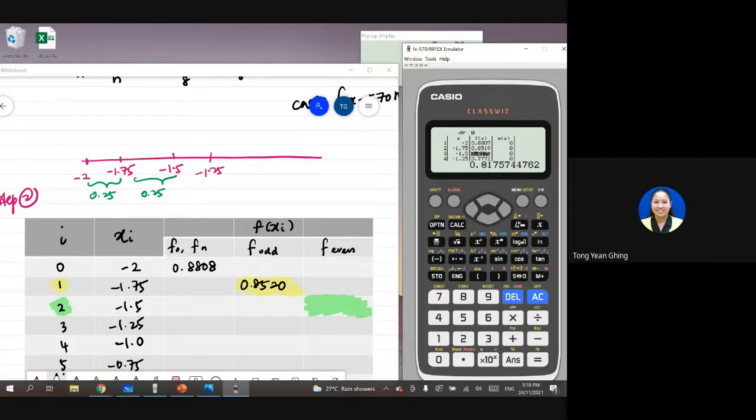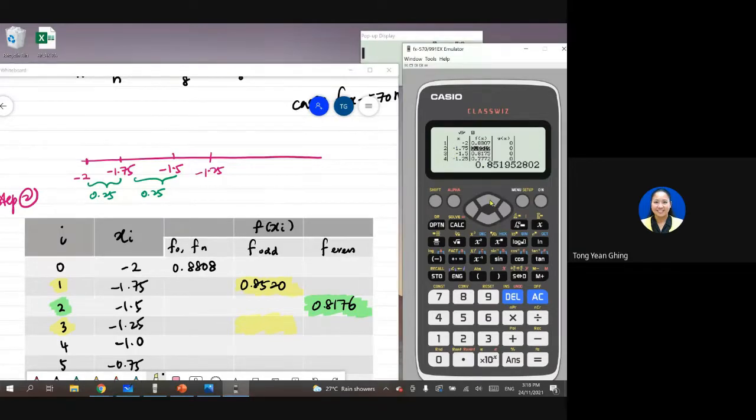This one is 0.8176. Semua boleh faham tak? Are you okay? The next one will be an odd number again. Awak jangan tengok table ni in here, because the table will start from 1.